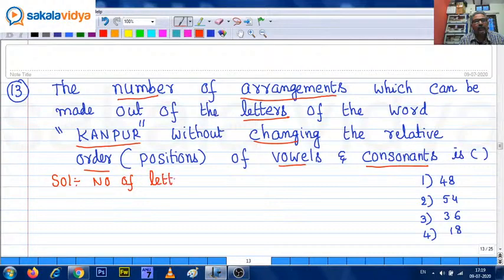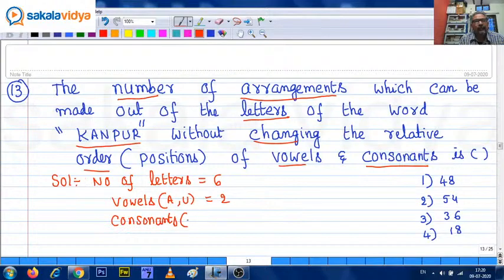How many letters are there in the word Kanpur? 6. Vowels: A, U. 2 vowels. Consonants: K, N, P, R. 4 consonants.